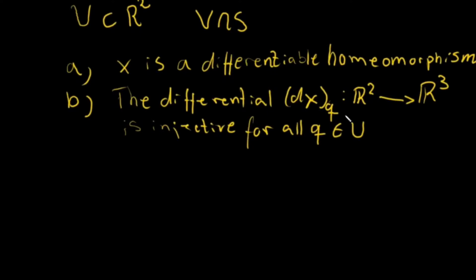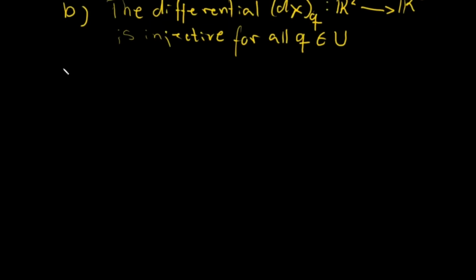The most important consequence of the definition of regular surfaces is the fact that the transition from one parameterization to another is a diffeomorphism.